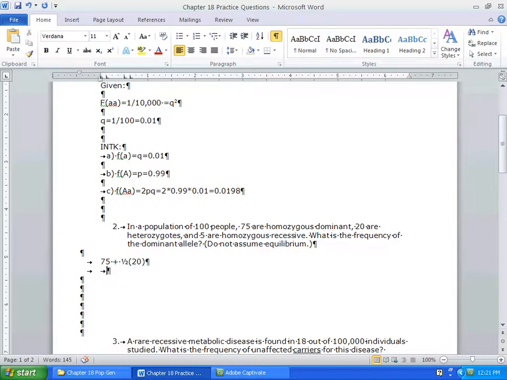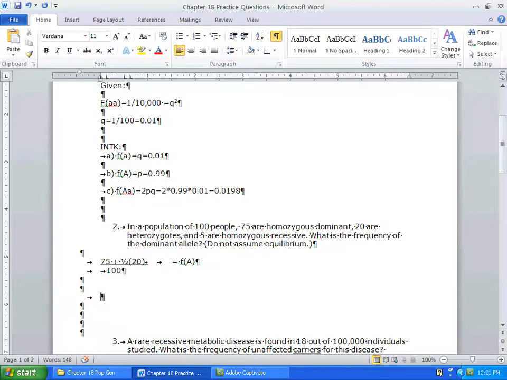Divided by 100. Pretend like there's a line there. That would be the frequency of the dominant allele.